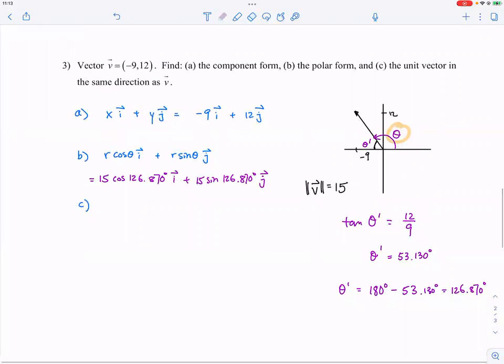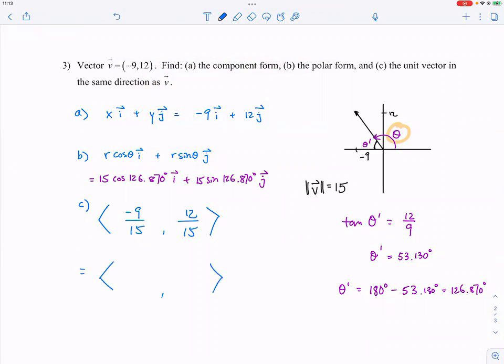And for c, unit vector, it's simply the x over the magnitude, comma, the y over the magnitude.